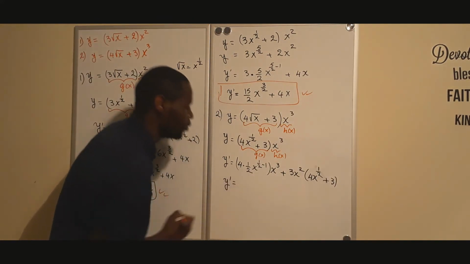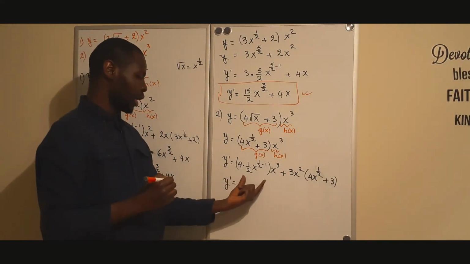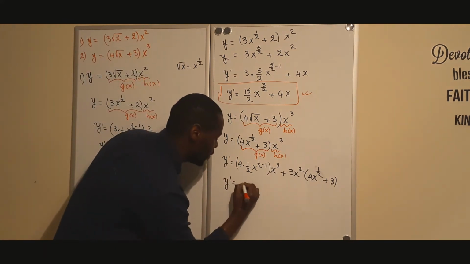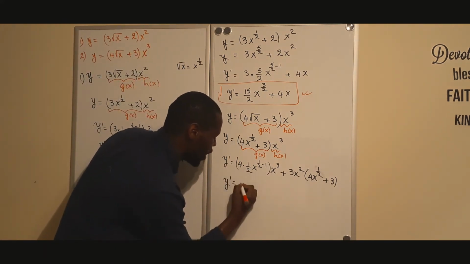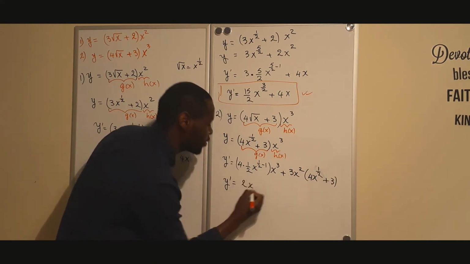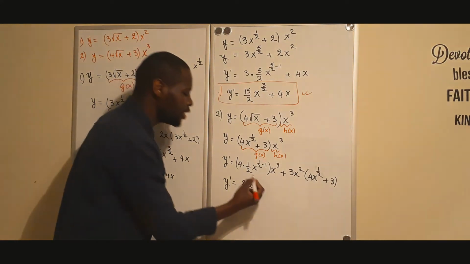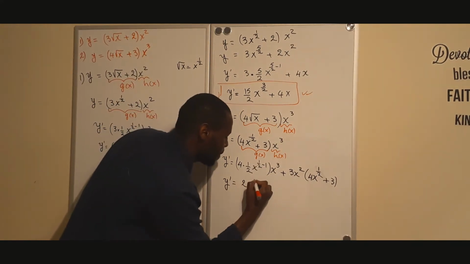So all we are left with now is to simplify what we have. So this will be 4 times 1/2 is 2, x to the 1/2 minus 1 is minus 1/2.